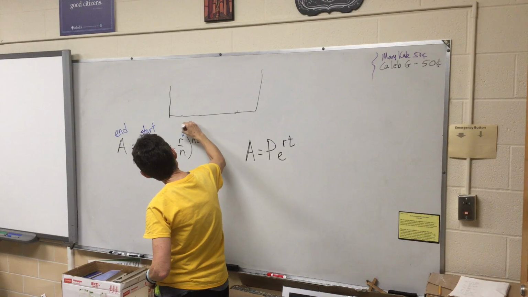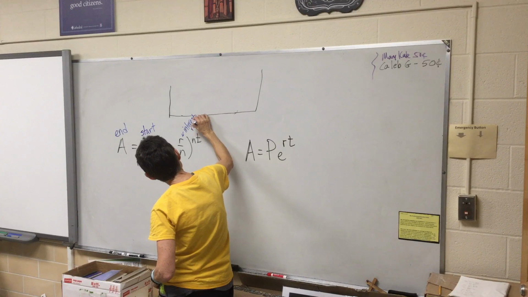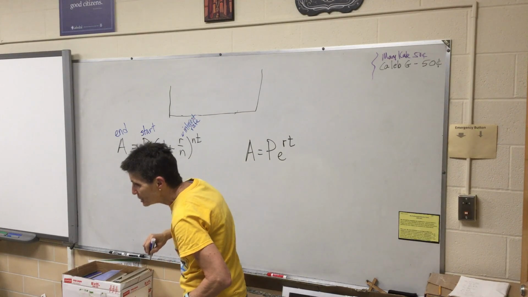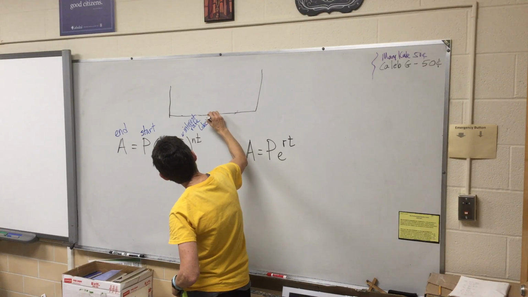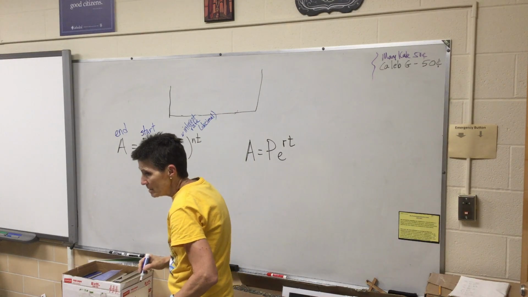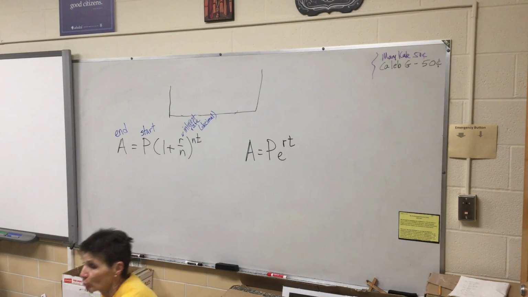R is the interest rate. And make a note, it has to go into the formula as a decimal. So in most of your problems, it's going to say you have a 3% interest rate. Well, you got to put that in as 0.03.